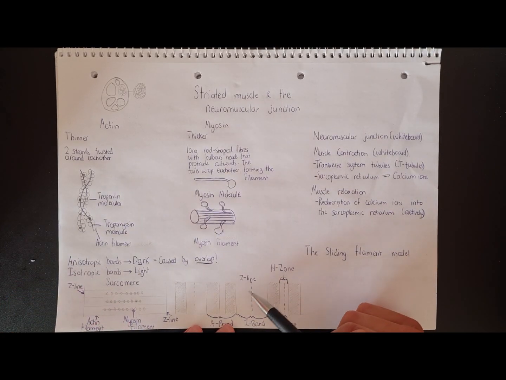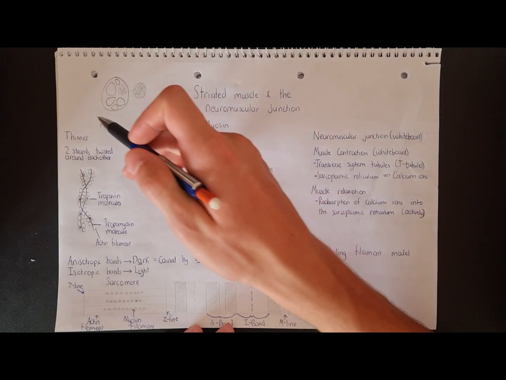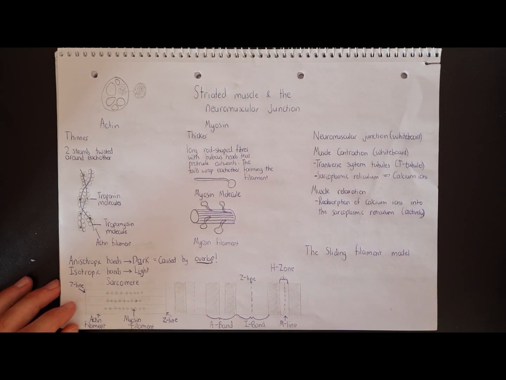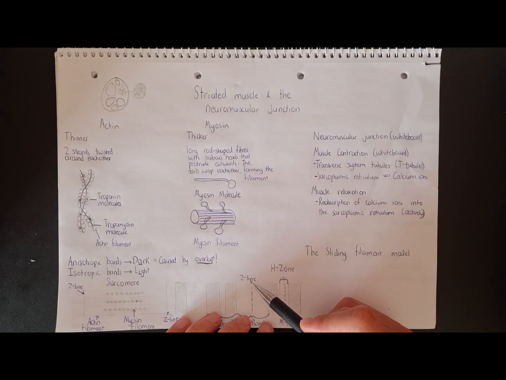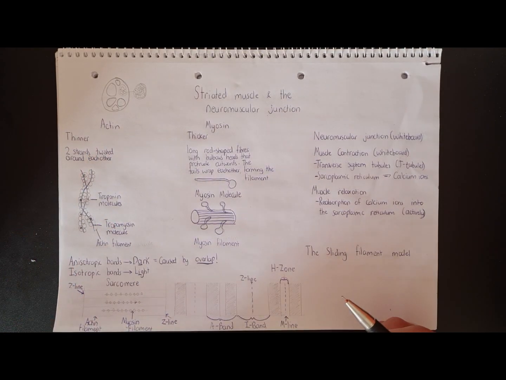So in the middle of these lighter colored regions are the Z lines, and the Z lines anchor the actin filaments. Okay, so in the isotropic bands, only the actin filament is found. There is no myosin. So we have the Z line, which is a protein that is anchoring the actin filaments.